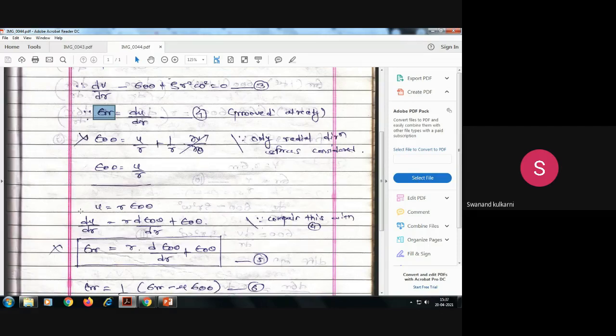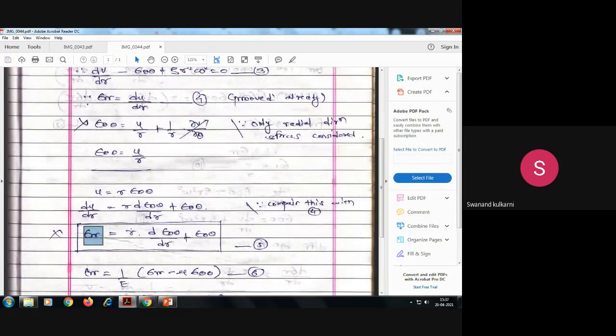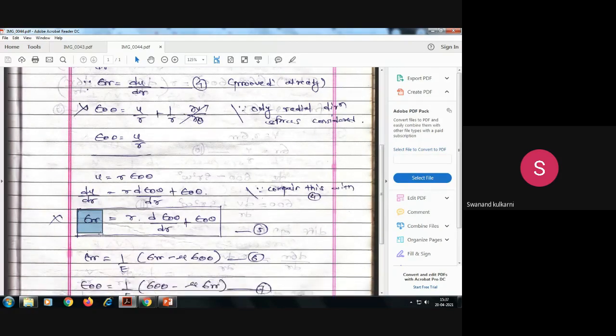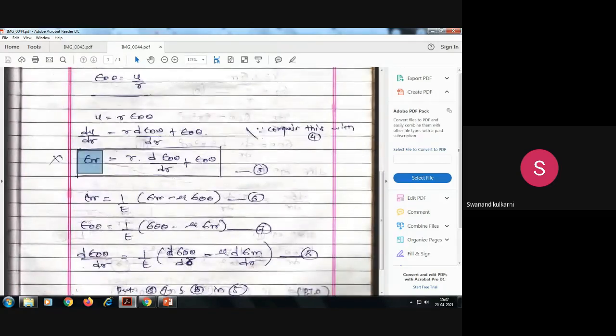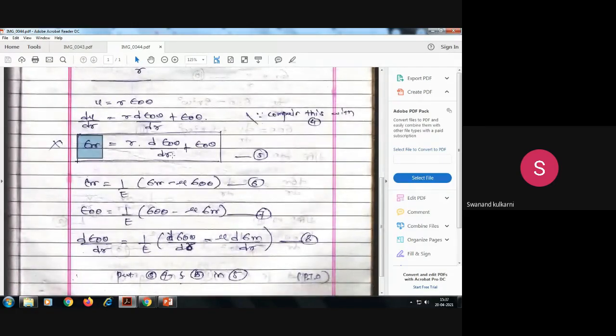That's why this du by dr is replaced by epsilon rr here. So epsilon rr is nothing but r into derivative of epsilon theta theta with respect to r. The right hand side of this equation will continue as it is here, and the left side will be replaced by epsilon rr here. Is it okay? So epsilon rr is nothing but this term which is present here.